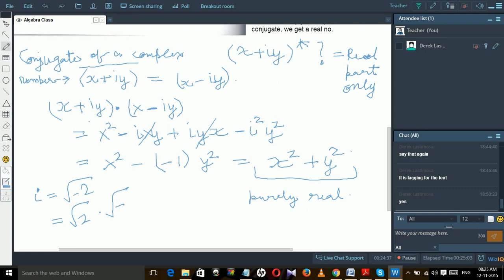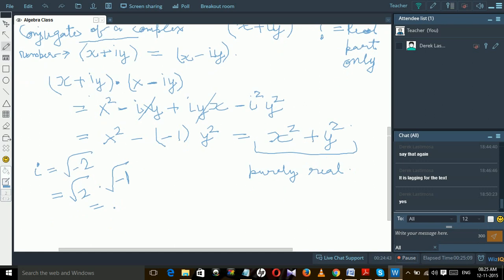We can write it as the square root of 2 multiplied by the square root of minus 1. So that is the square root of 2 iota. I can substitute negative 1 with an iota, just to make it look good.